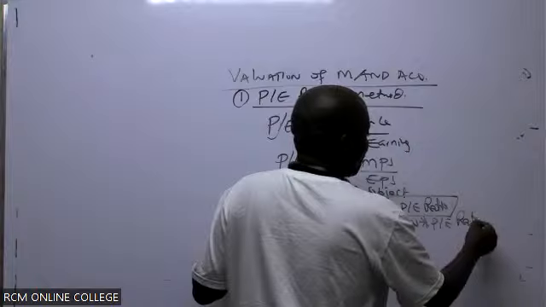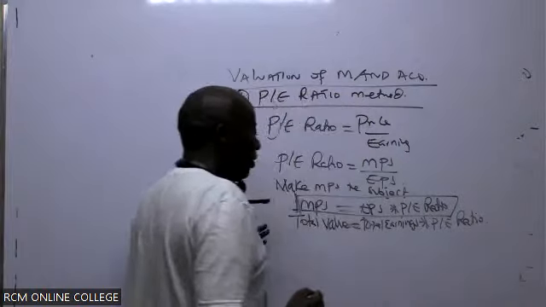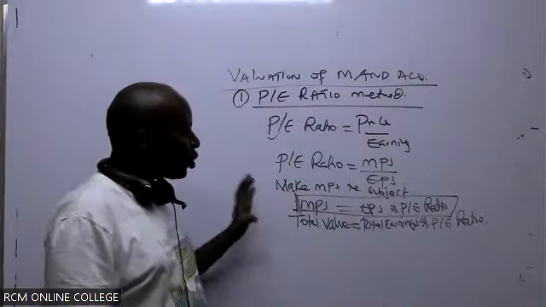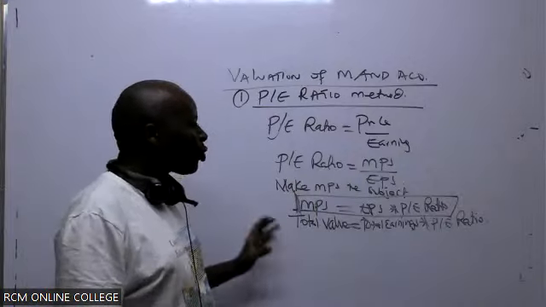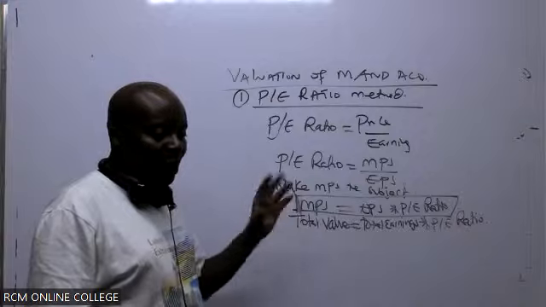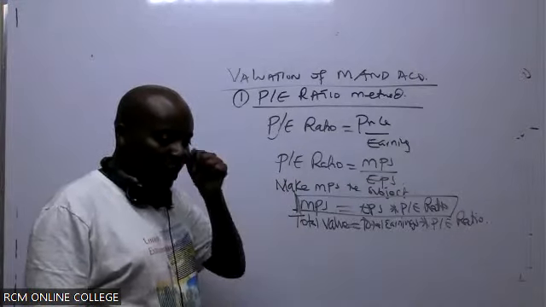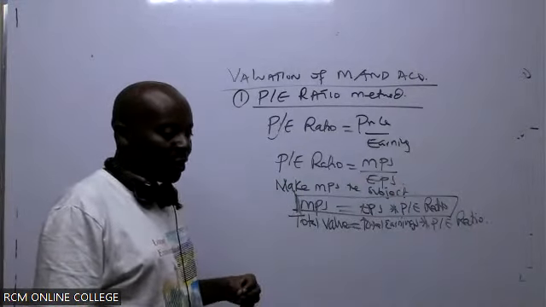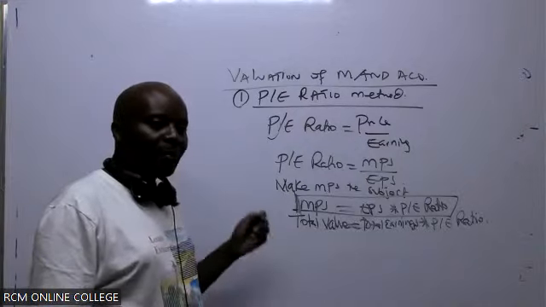Anytime they want us to give them total farm value, you will take total earnings times PE ratio.